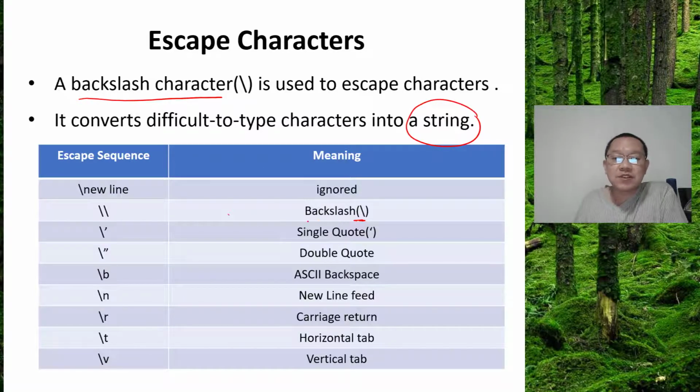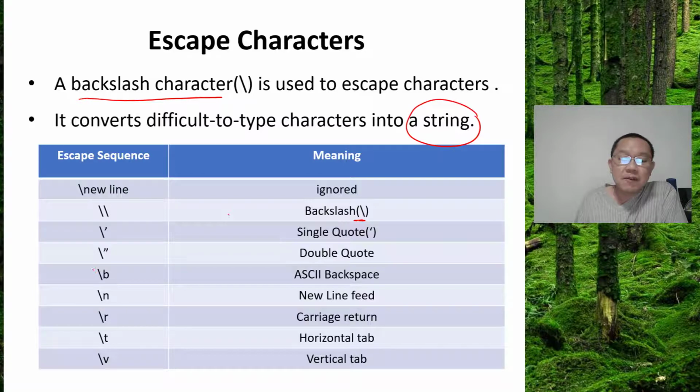But if you only put a single backslash, Python will consider that the character after that single backslash will be a special character or an escape character, and it could be wrong. Backslash and single quote, backslash and double quote, this is when you want to use single and double quotes as part of a string.